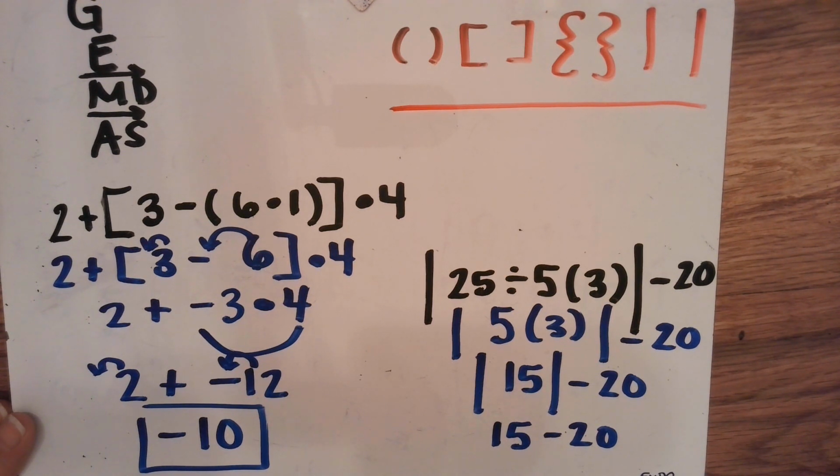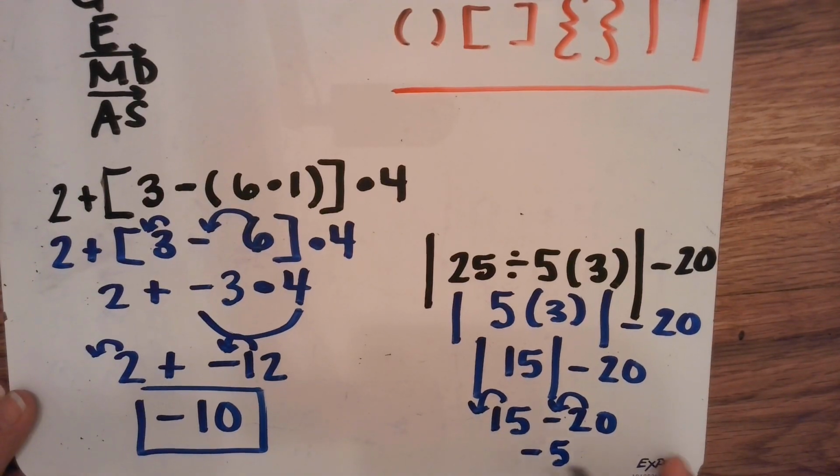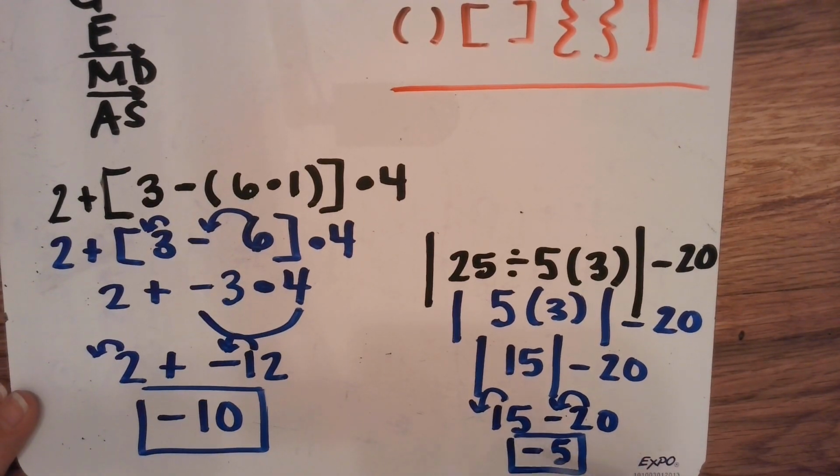We're going to be in debt or in our negatives. Or if you're doing war and party, you have a positive and a negative. So they're going to go to war. The negatives are going to win. They have a larger army. And they're going to win by 5. So the answer to this whole expression is negative 5.